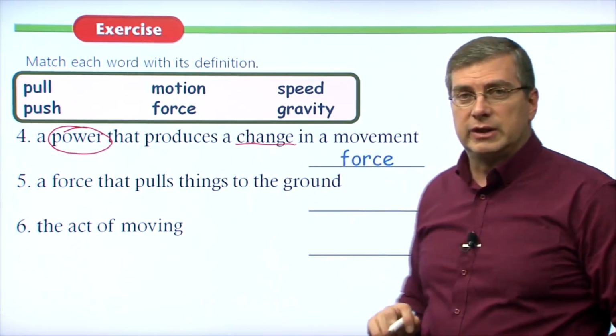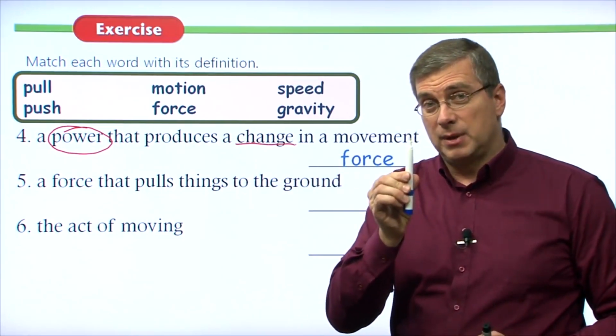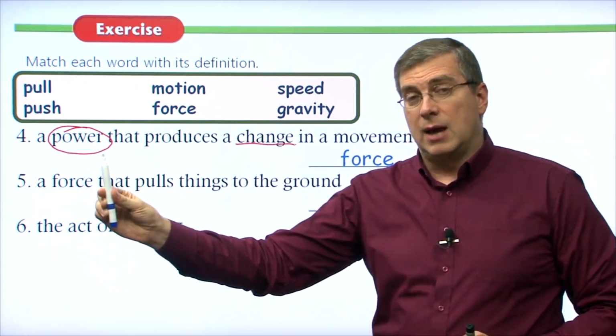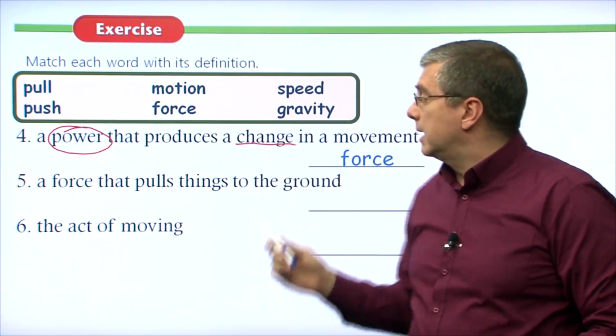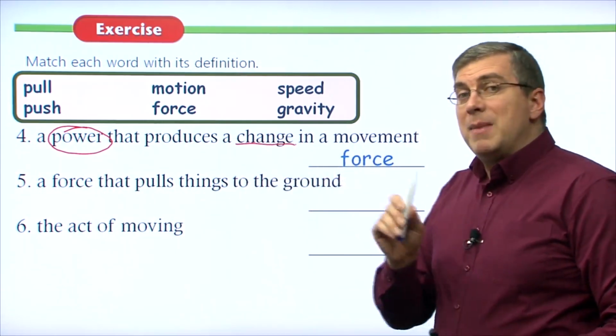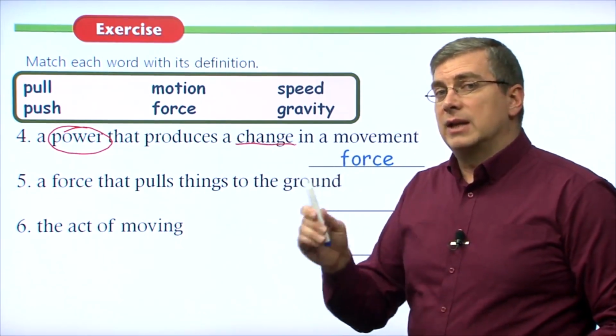Because of a force. Force will make an object move from a stop to starting to move. Or if the object is already moving, maybe it'll change direction, right? That power that makes that change is called a force.